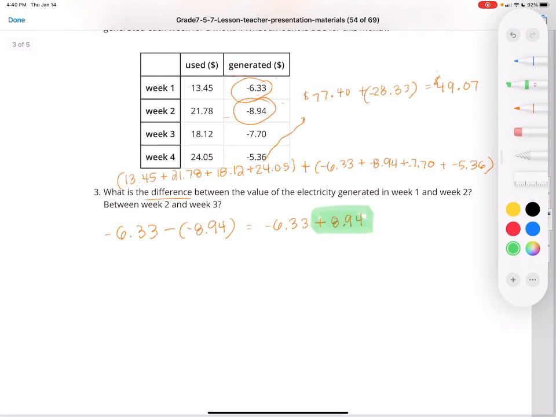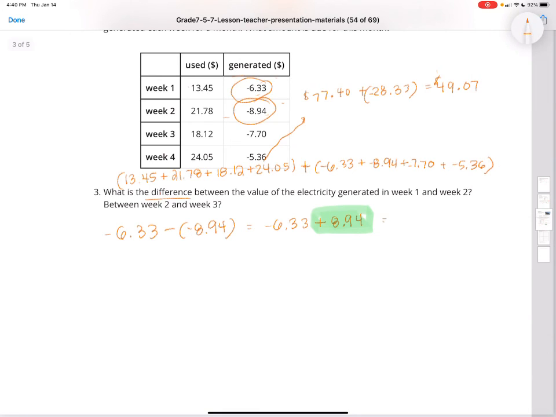When I add those two together, I should get $2.61.